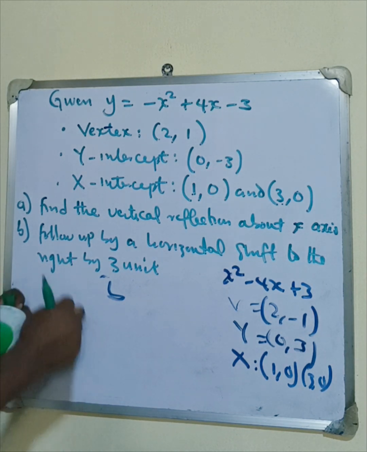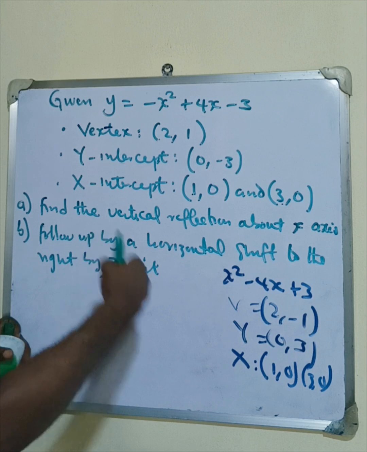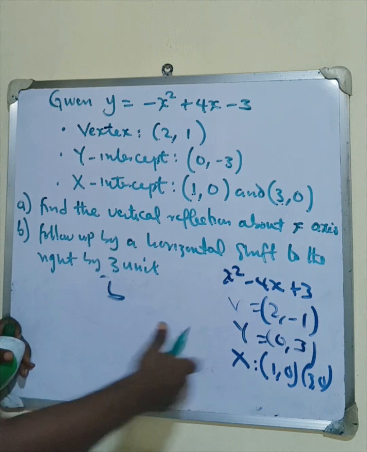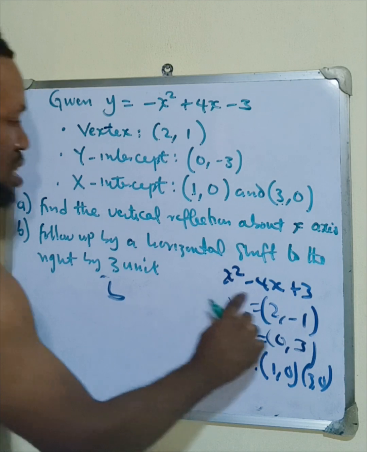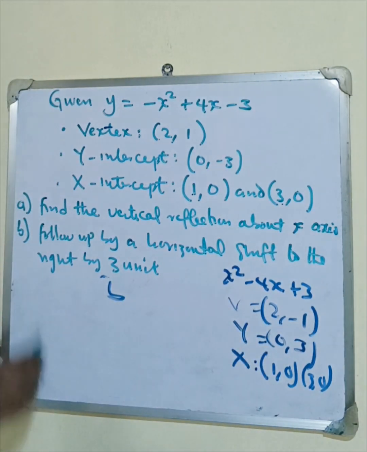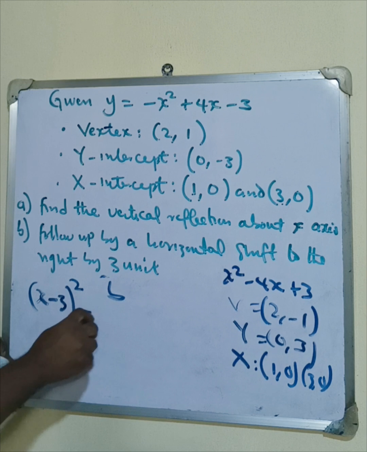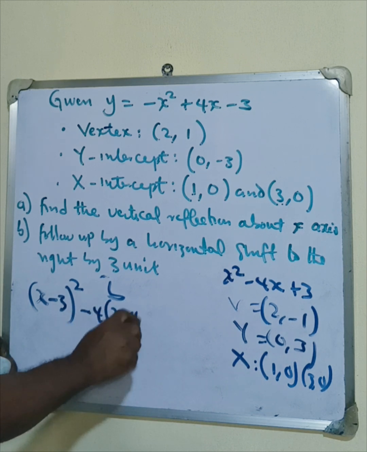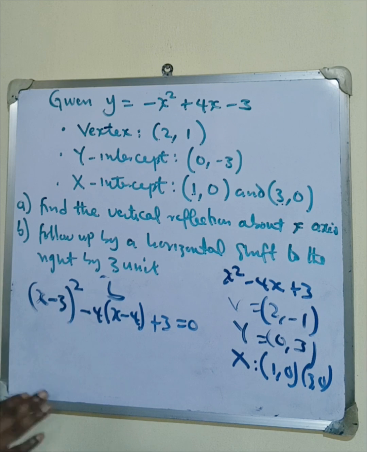That is, you replace your x with x minus 3 in this function. So you now have (x minus 3) squared minus 4 times (x minus 3), then plus 3 equals 0. So we want to get our new function now.